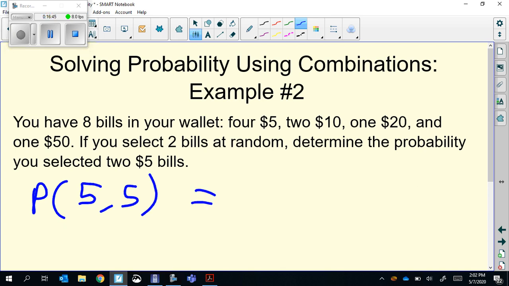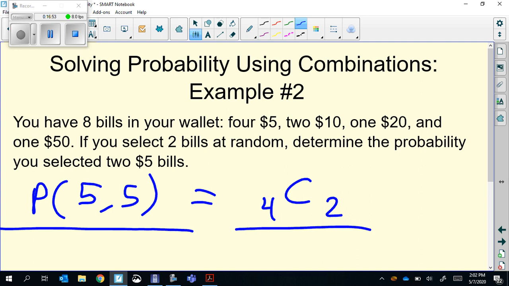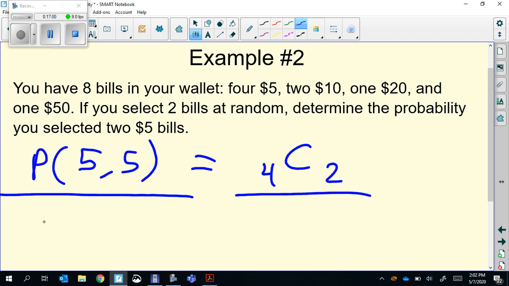The ways that we can get 2 5s, there are 4 of them to choose from. We're trying to pick 2 of them. And then we have the total number of ways that you could pick 2 bills out of it. The total number of ways of picking 2 bills, there are 8 total. We're going to pick 2.